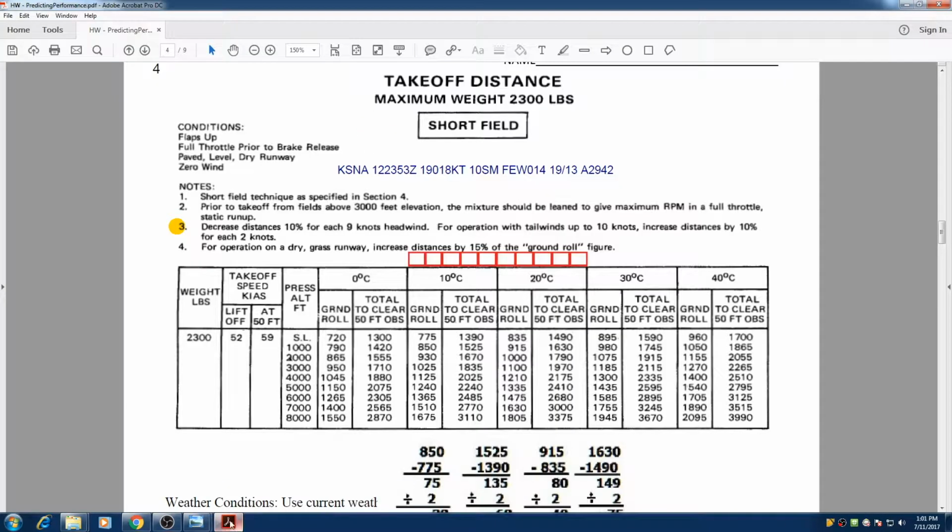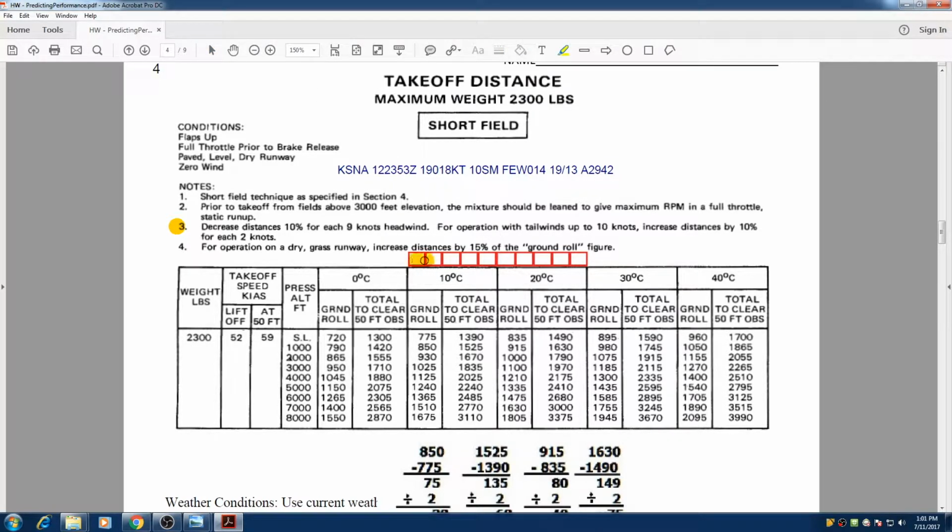Back to our example, today's temperature is 19 degrees Celsius, so it's not 10, it's not 20, but 19. I divided the difference between 10 and 20 degrees in 10 increments, so each increment is 1 degree. So this is 11, 12, 13, and so forth.